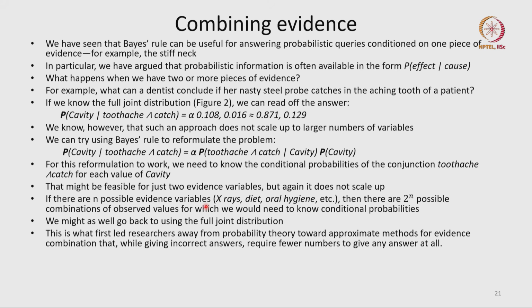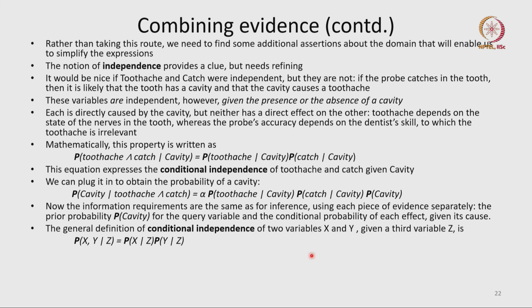If you have two evidence variables, it may be easy to do this, but if there are a lot of them, for example if you have n possible evidence variables, X-ray, diet, oral hygiene, etc., there will be 2 to the power of n possible combinations. Then that will be difficult to actually do.